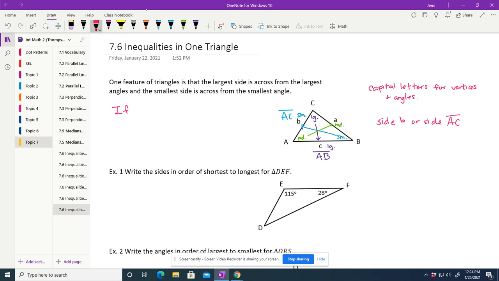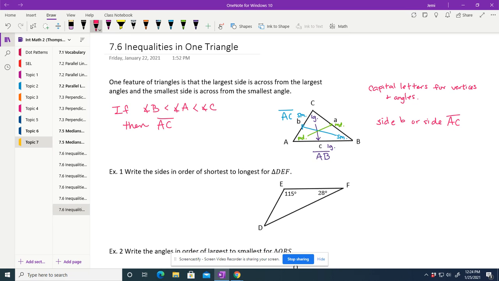So if I have angle, which one did I say was smallest? Angle B is smaller than angle, the medium one is going to be angle A, which is smaller than, the largest one is going to be angle C. So if angle B is the smallest angle, then across from that's the smallest side.